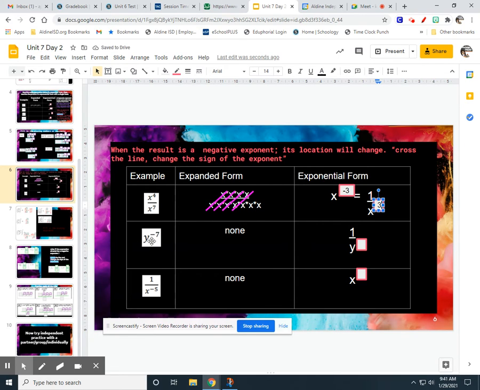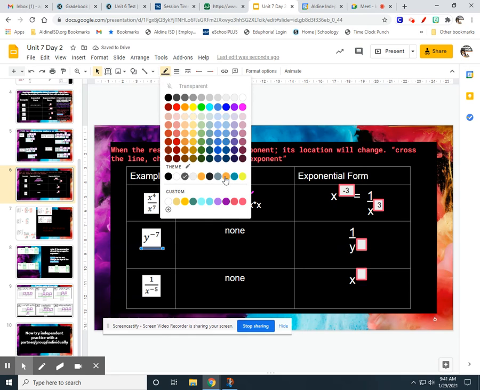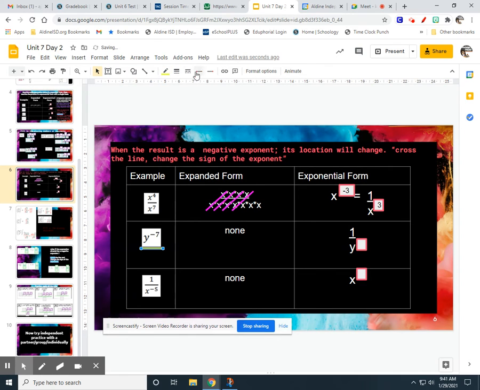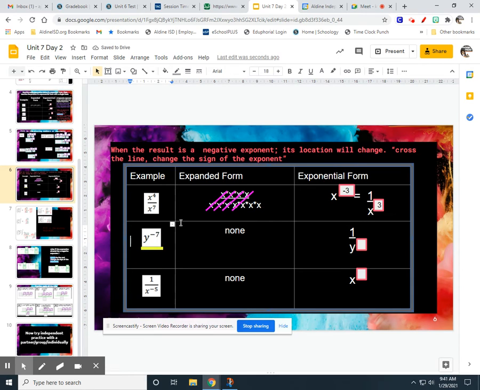Here, all I'm going to do is just make it into a positive exponent by changing, like it says, cross the line, which is let me draw it. Everybody, remember, every number and every variable can be written as a fraction by placing a 1 underneath it.